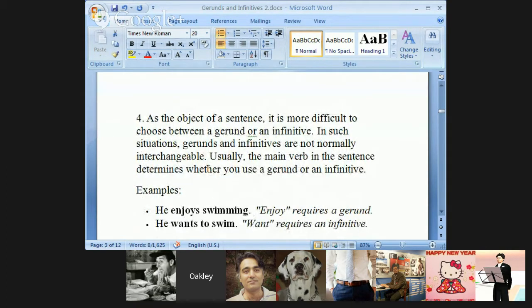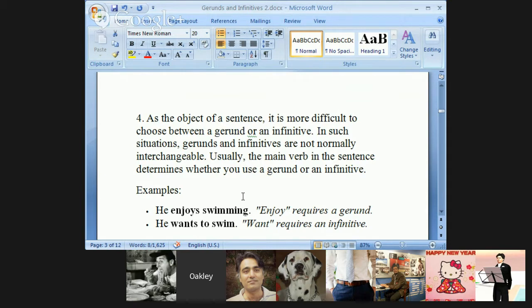The part where it gets difficult is when we're trying to decide whether to use a gerund or an infinitive as an object. This is the part where it's not so simple. It's not a matter of are we trying to be formal or informal. There are times when it can only be a gerund.